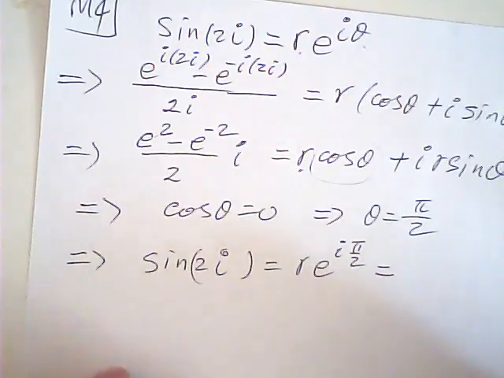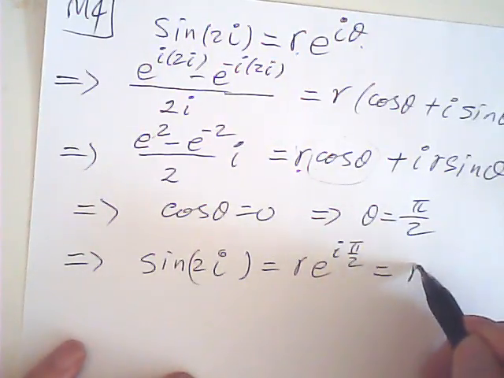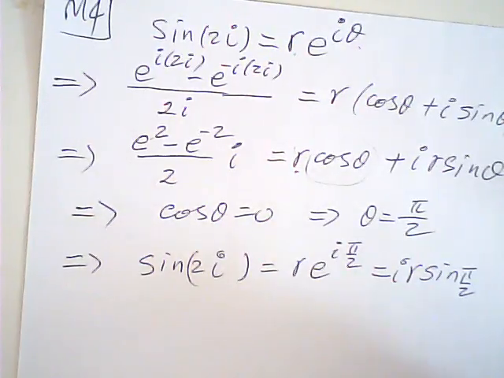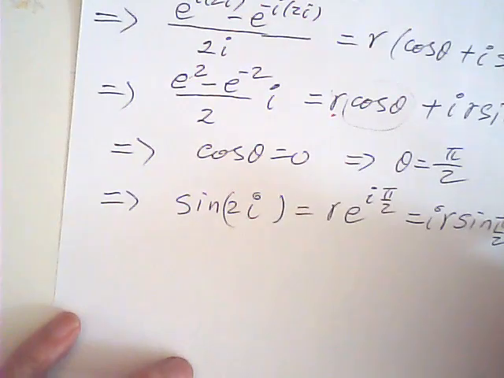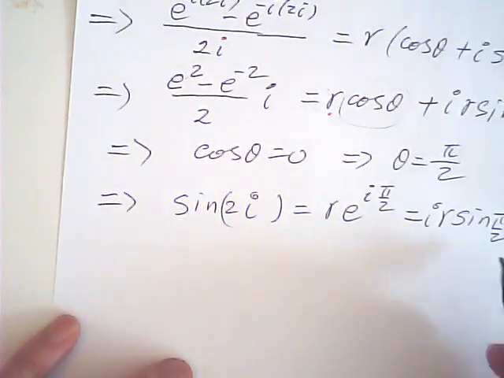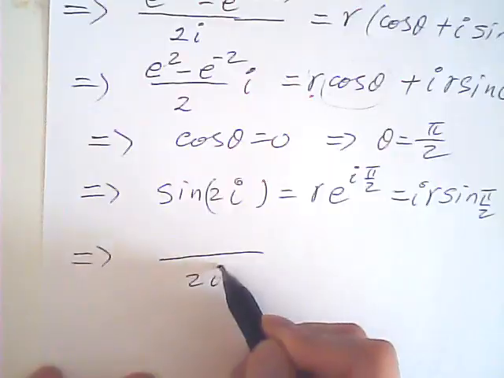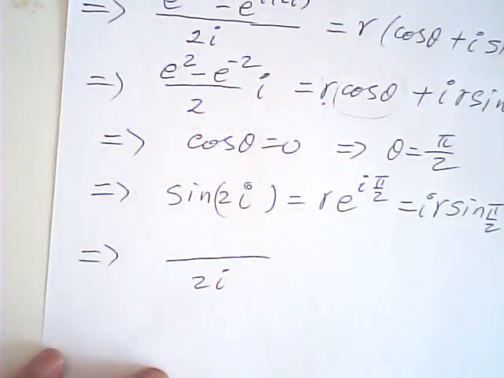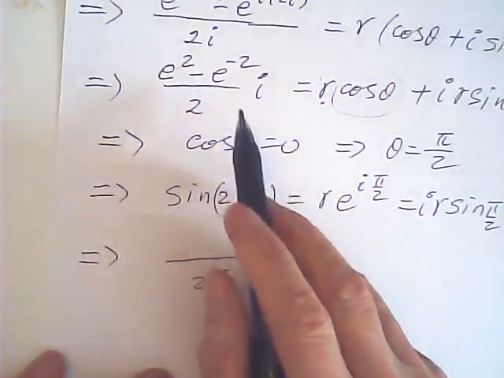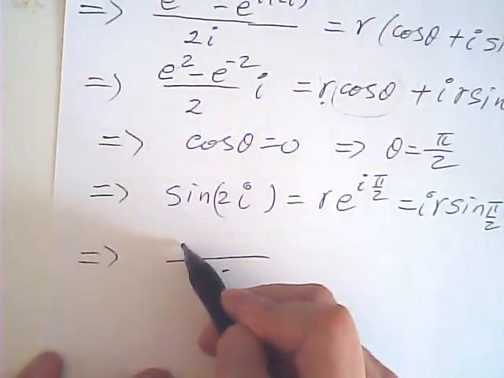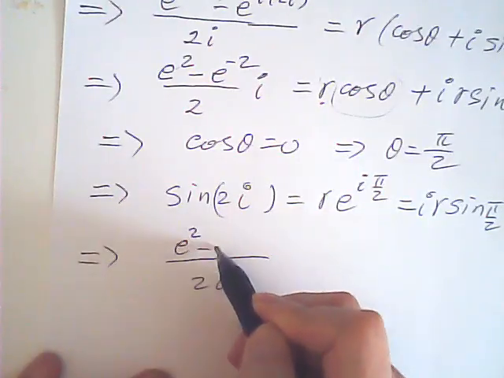Well, this means equal to what? This is r times sine half pi, right? i. Okay, which means equal to i because sine of half pi is 1. Now, then we have this, right? This side is already switched to minus 2.